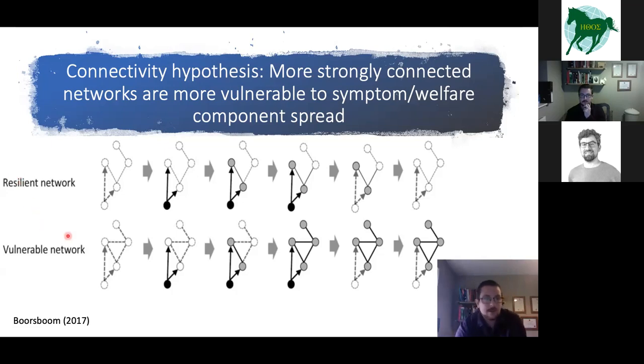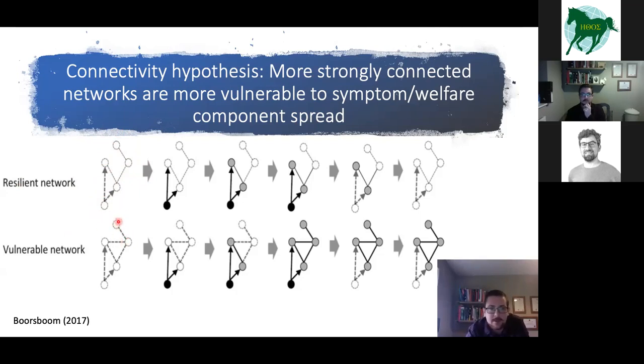If we look at the diagrams here, in this top mini network we've got 4 symptoms or 4 welfare measures, and we have a connection here, here, and here. Think of this as a stressor that can activate the system.